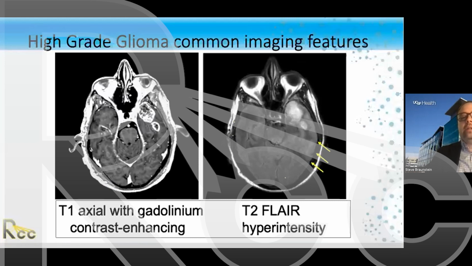But beyond that, when you look at the T2 FLAIR hyperintensity, which can represent both edema reactive to the tumor, but also infiltrative microscopic disease, I show that by the yellow arrows, you can see that the T2 FLAIR hyperintensity signal looks a little bit more bright as compared to the regional brain parenchyma, extends beyond that contrast enhancing component and into essentially what may be mostly normal, healthy brain tissue.